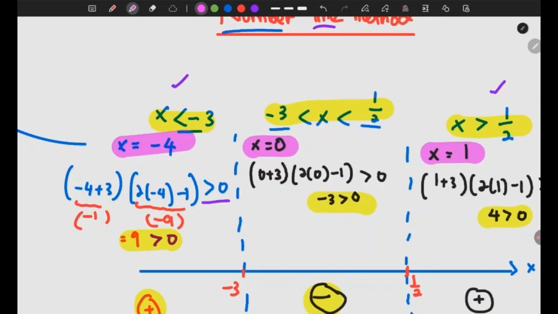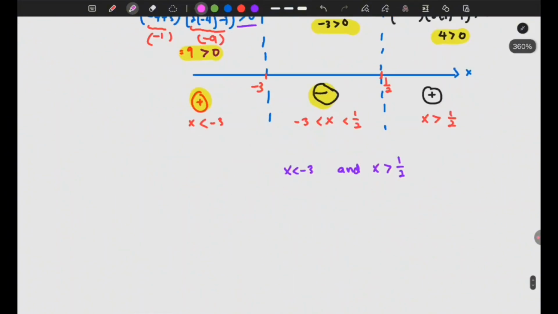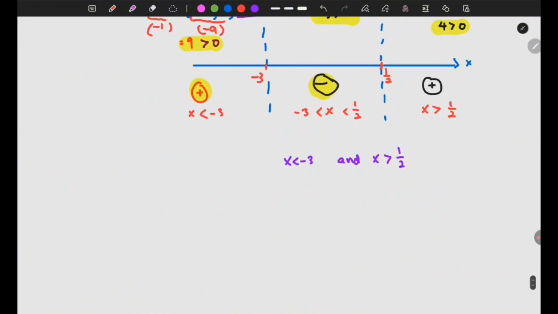And next is the table method. Also the same thing. If it's table method, do a table. The word says table. Table means do a table.